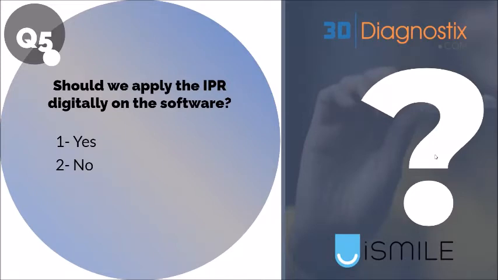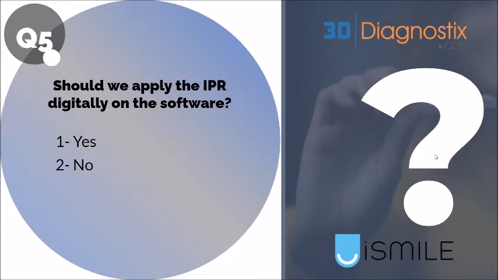Why? Because if you have the IPR tool on your software, you're going to find it very difficult to manipulate or control it digitally. So you will not be able to have a perfect contact in this specific area between specific teeth.